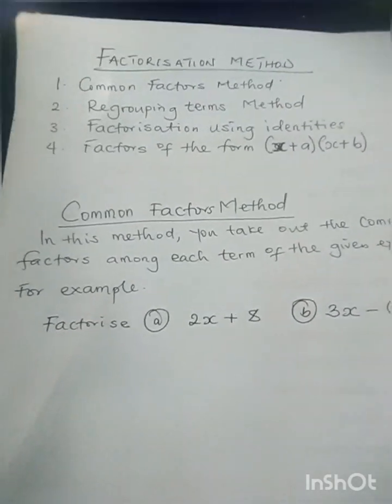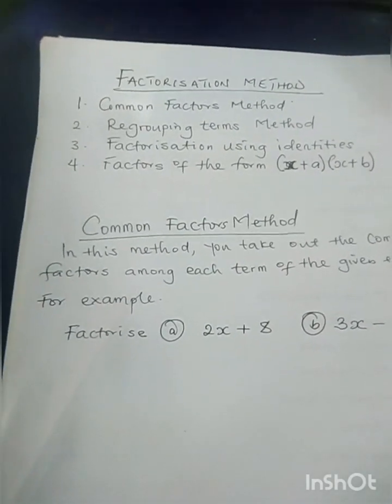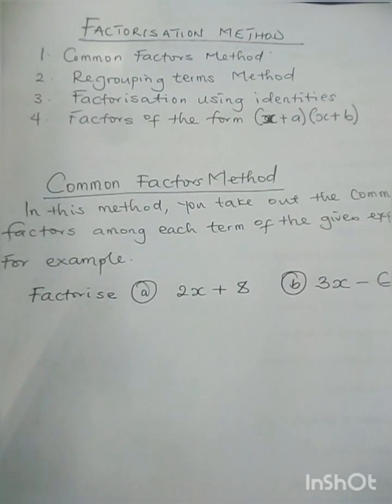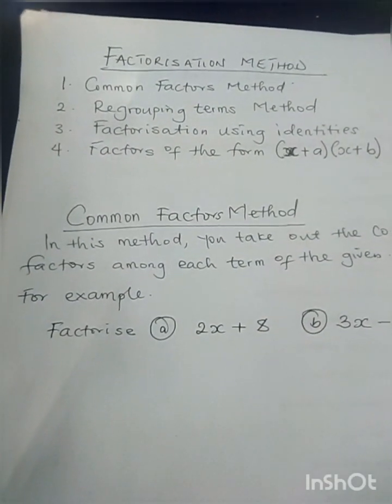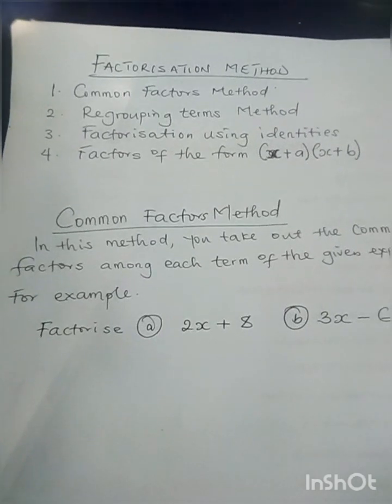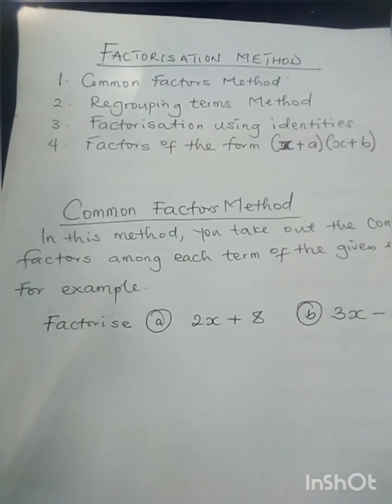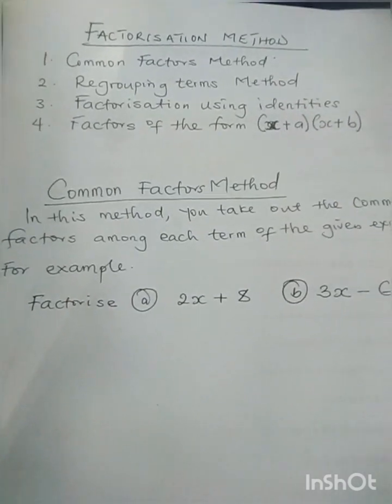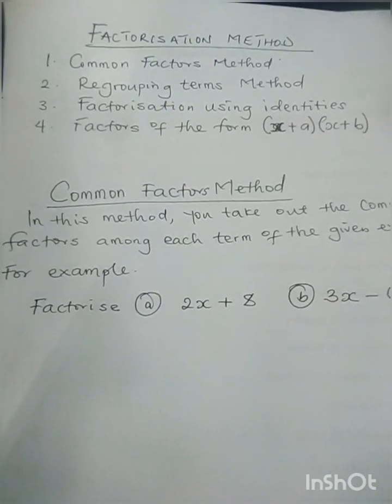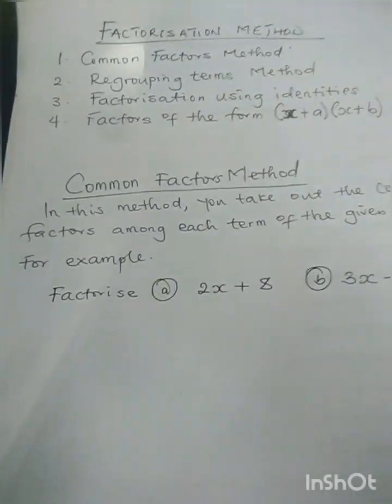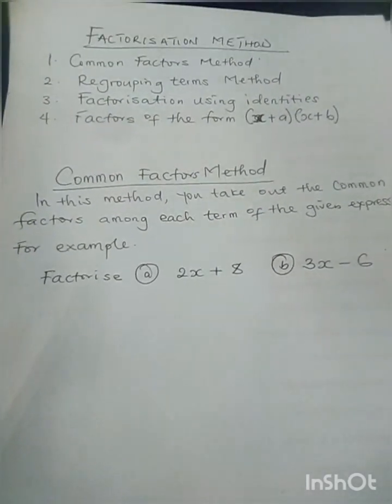Now, like I said, we have 4 methods of factorization. 1 is the common factor method, 2 the regrouping terms method, 3 factorization using identities, and 4 factors of the form (x plus a) into (x plus b). Now let's start with the first one, the common factor method.